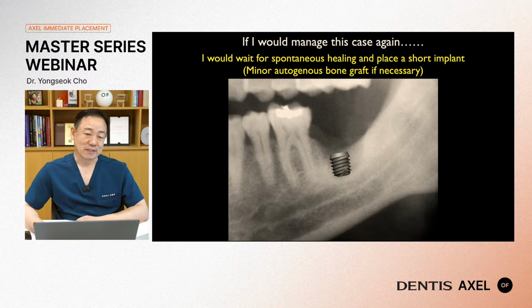If necessary, I would do a minor graft. Maybe it is not necessary if I place the implant about 6 months later. I just opened the flap 1 month after extraction. That's why I had to do aggressive surgery.